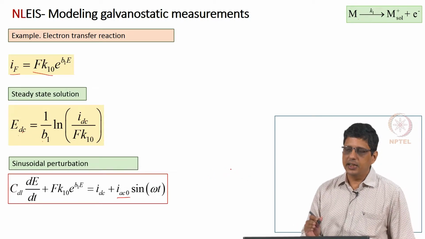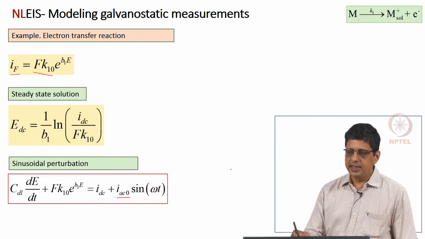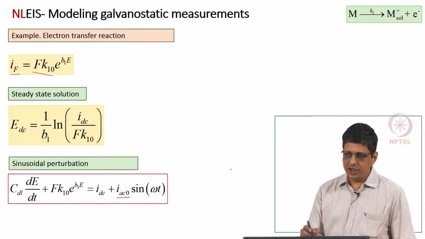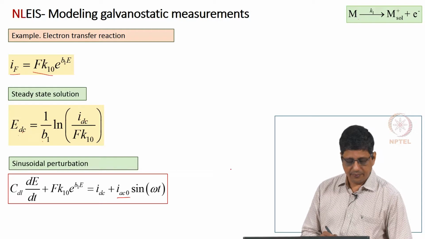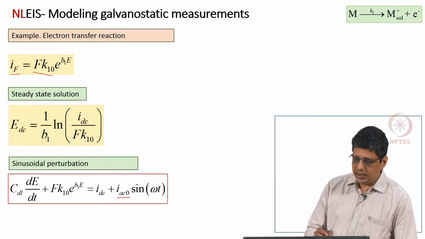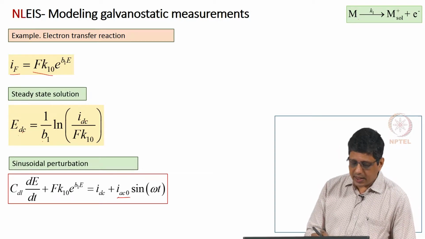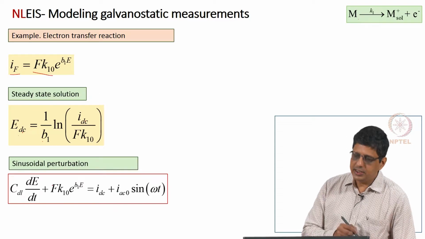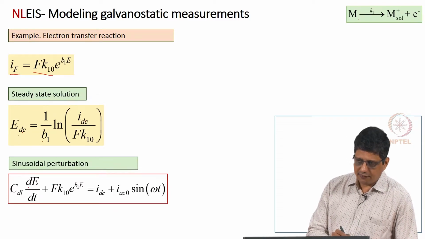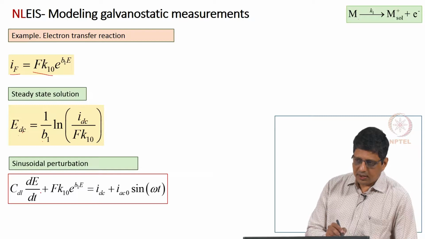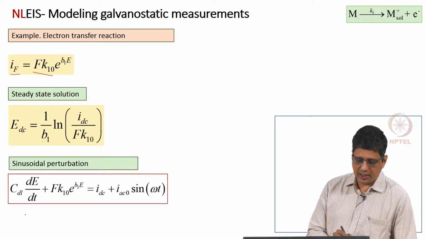But anything that is changing, we call it EAC here, and the average we call EDC. So, we need to take the total current and solve this equation. This is a first order non-linear ordinary differential equation.